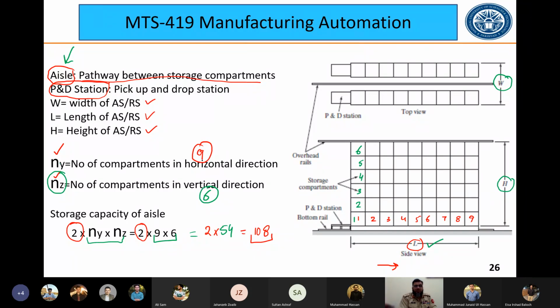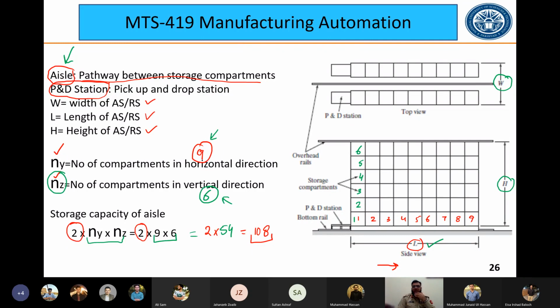Now NY is the number of compartments in the horizontal direction. See, I have written in red 1 2 3 4 5 6 7 8 9, so I have 9 compartments in the horizontal direction. Then NZ is the number of compartments in the vertical direction. Again, this is written in green, 1 2 3 4 5 6, so we have 6 compartments in the vertical direction. So what is my total storage capacity?